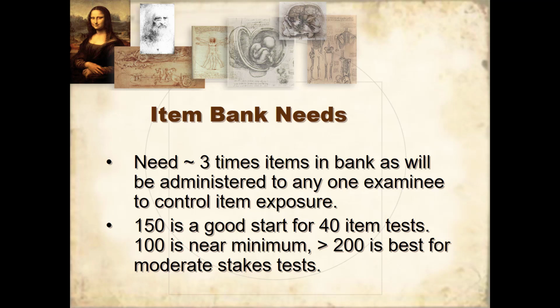To really take advantage of the optimization algorithms and narrowing very quickly on theta, you need a pretty hefty item bank. So, really, you want to have an item bank that's big enough to let you choose items in a way that's going to get you to the precise theta estimate relatively quickly. And that is it. That's some of the issues you have to worry about when you are setting up these CATs in practice.